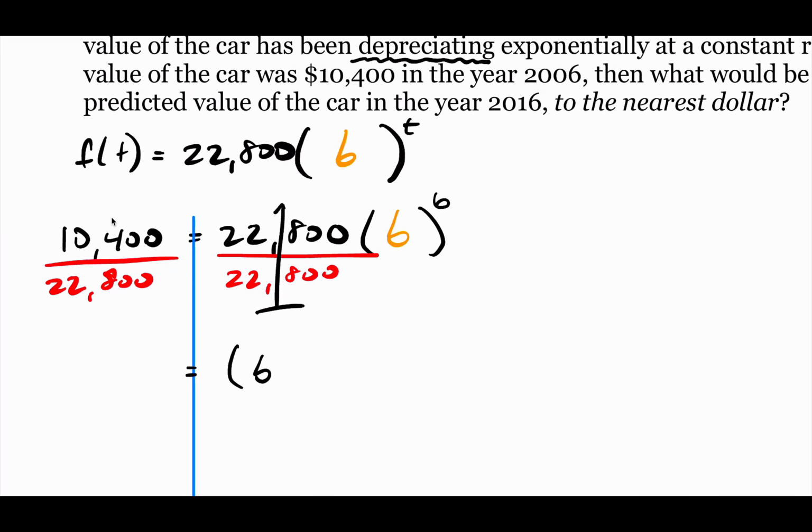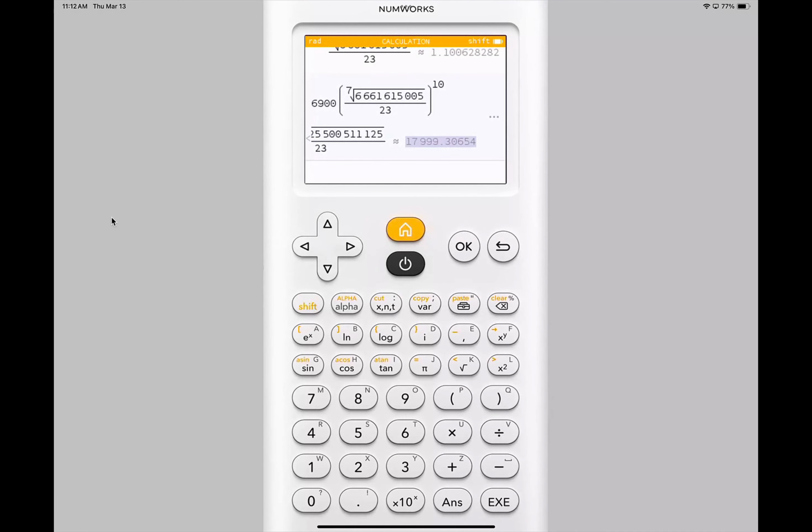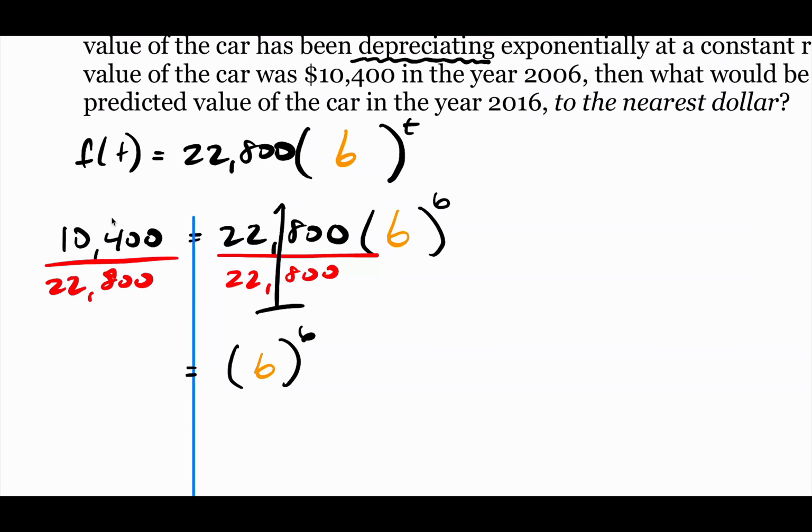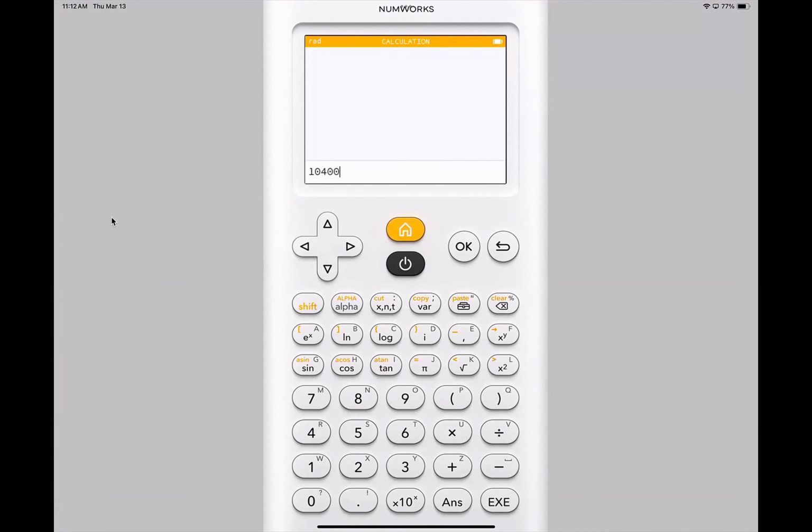So you get B to the 6 equals, let me go to my calculator, 10,400 divided by 22,800.